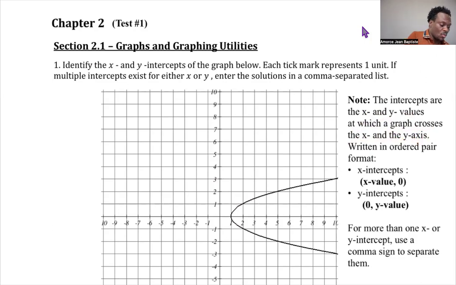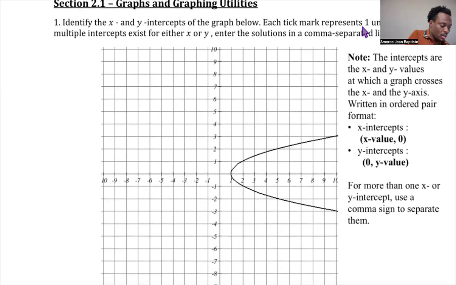This is the y axis and this is your x. The vertical number line is your y axis, and the horizontal number line is your x axis. And you can see how both of them have numbers on them.